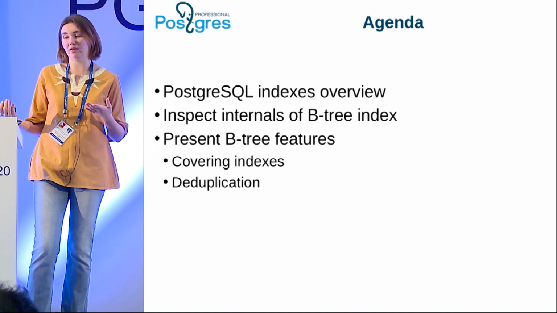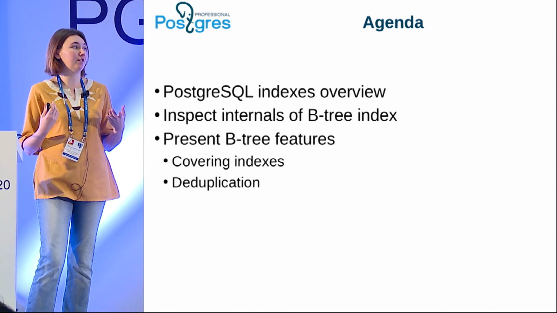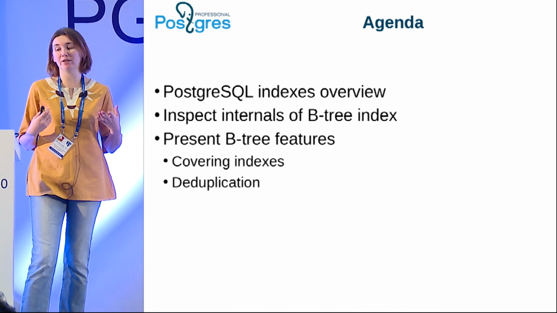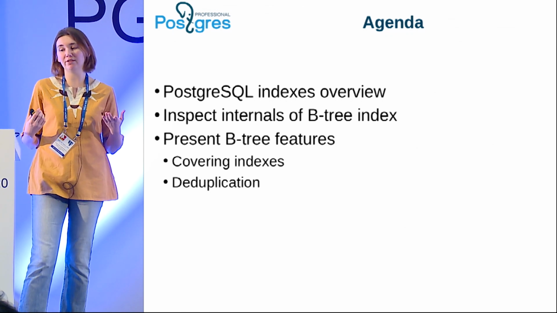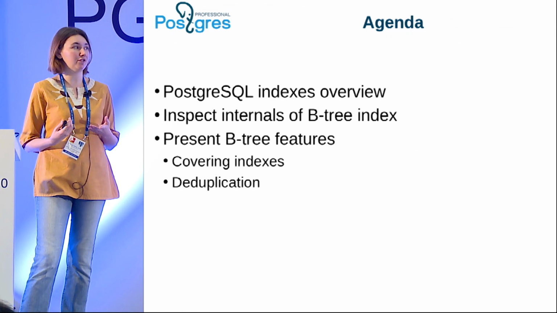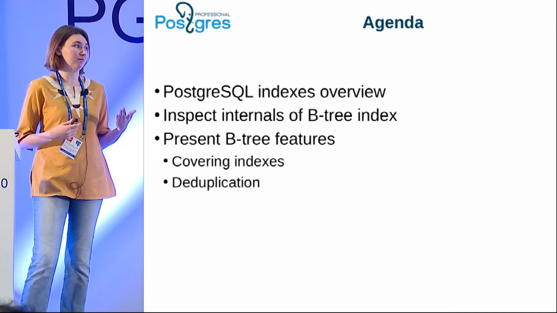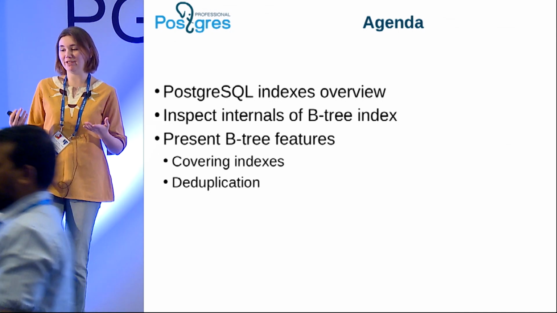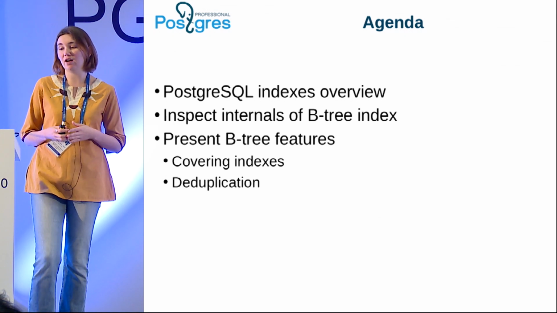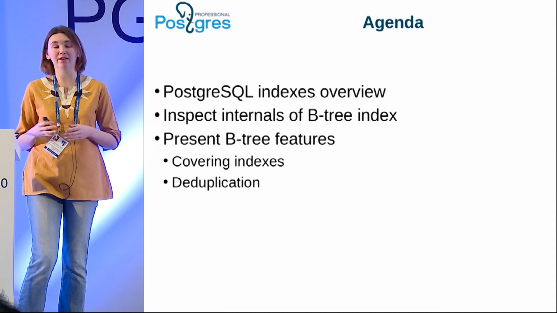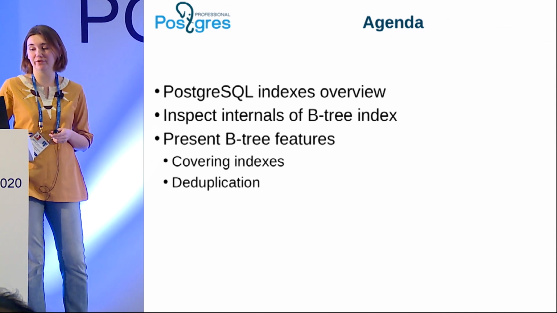Then we'll talk a little bit about internals of B-tree indexes that will help us to understand optimizations better. And after this, I'll present two B-tree features, one of which is very brand new, and another is just a new feature. And we'll go into details of these two features.